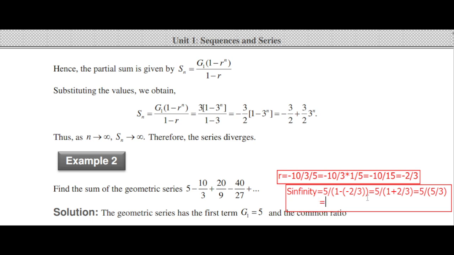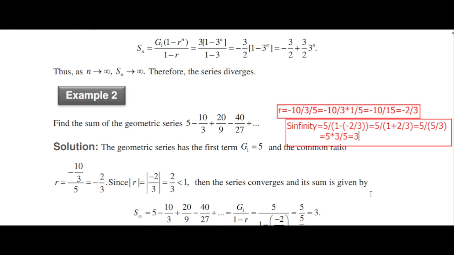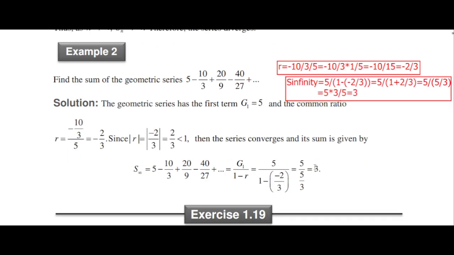So this is equal to 5 divided by 5 over 3, which is 5 times 3 over 5, equal to 15 divided by 5, which is 3. So this geometric series approaches 3. The answer will be here.